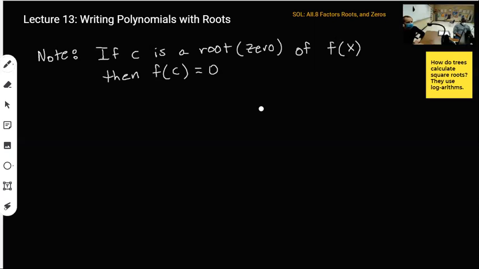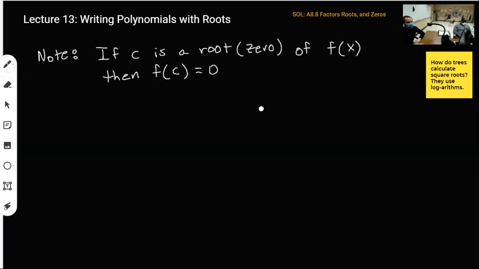So what we're going to be doing today, picking up from yesterday, is setting the entire polynomial equal to 0 and then solving for x, right? So if C is a root, then f of C is always going to be equal to 0.